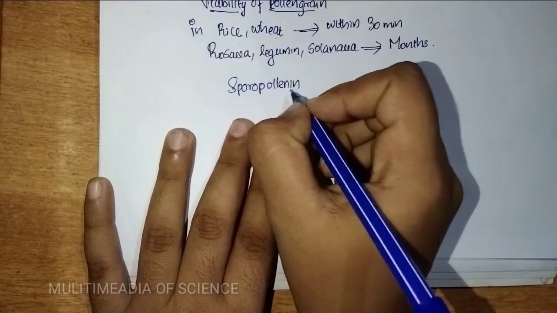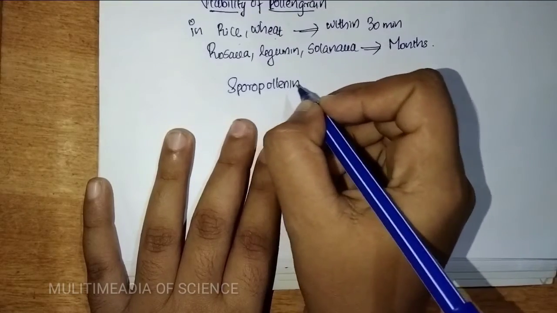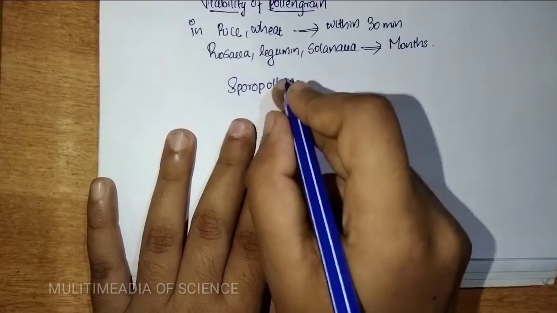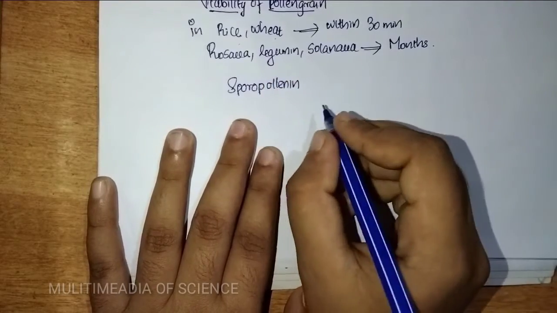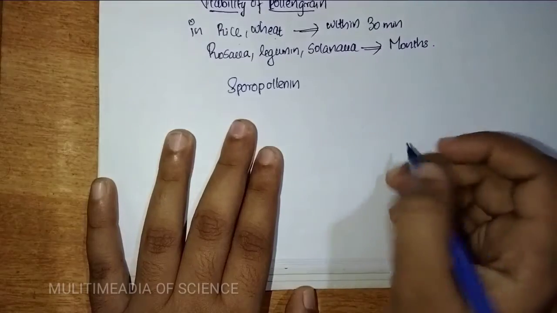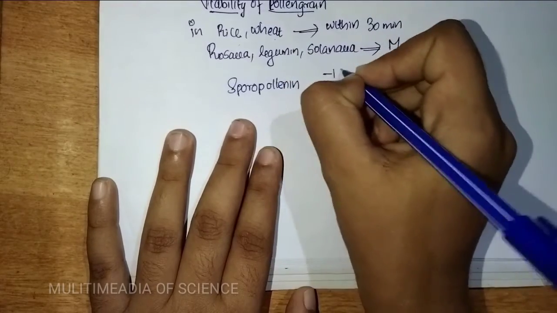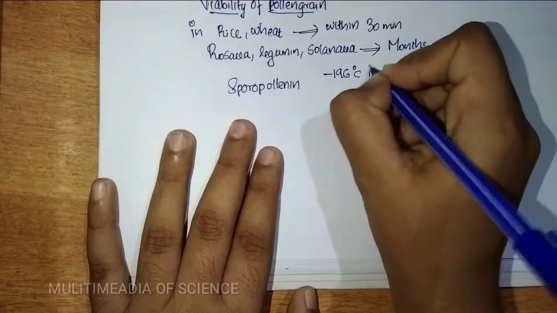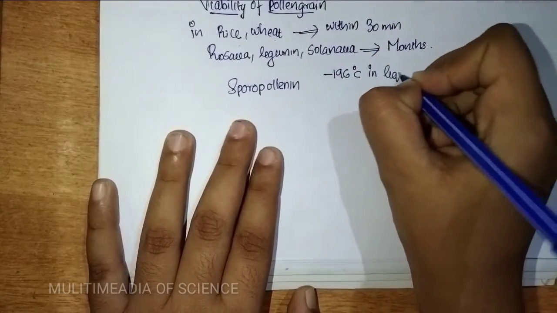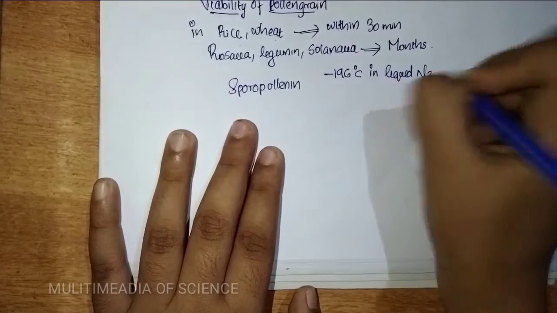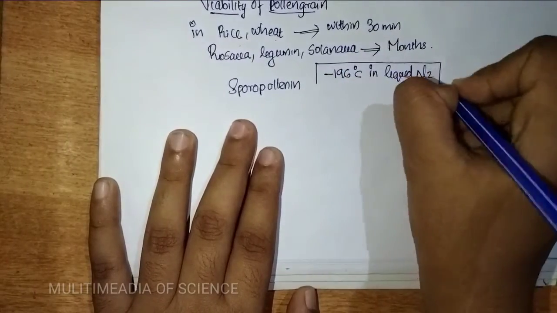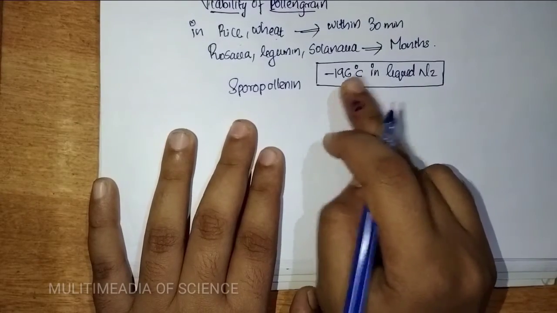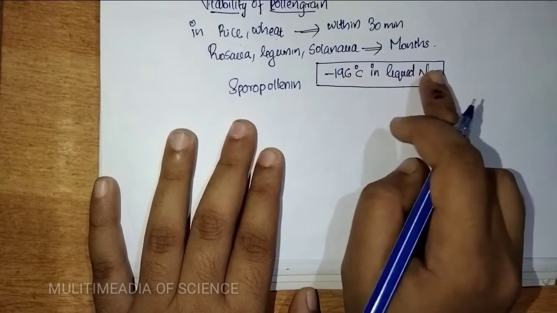Due to the presence of sporopollen, pollen grains can be stored in laboratory conditions at minus 196 degrees Celsius in liquid nitrogen.